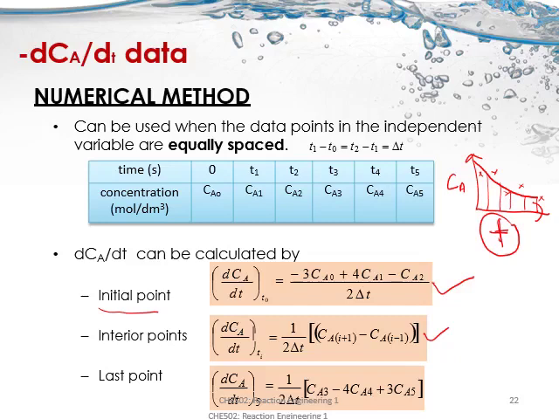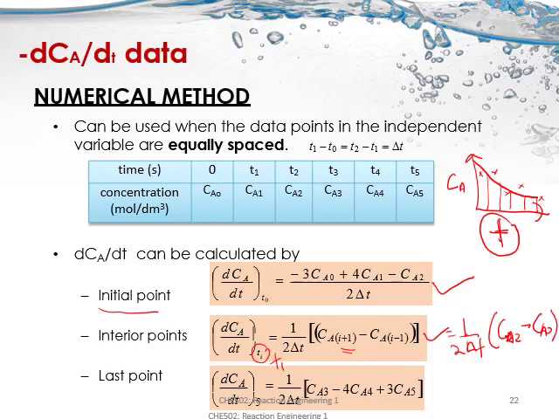Say you want it at t1: 1 plus 1 is equal to 2, so the formula will be 1 over 2 delta t, CA2 minus CA0, where 1 minus 1 is equal to 0. So you just follow this equation. This is the numerical method.